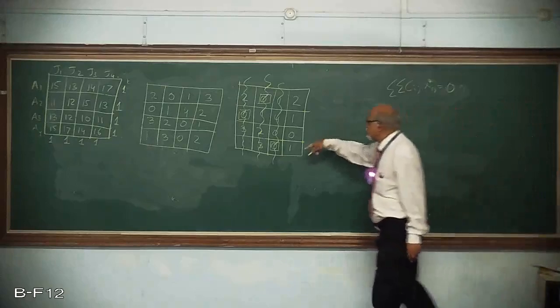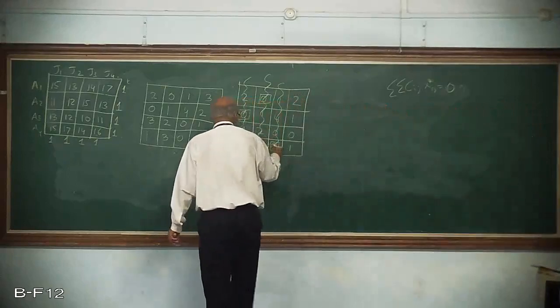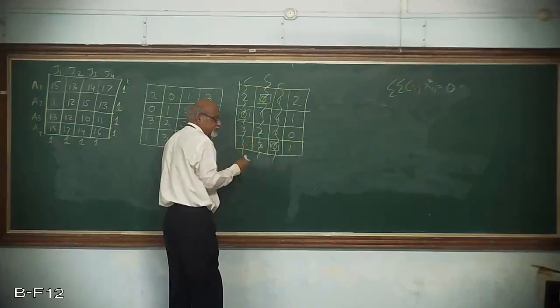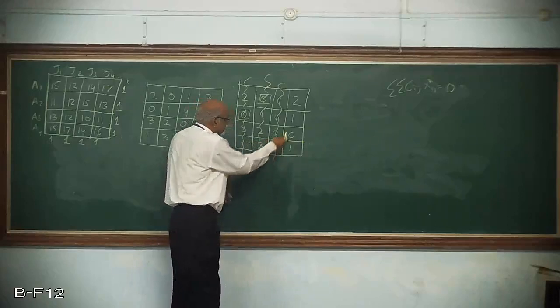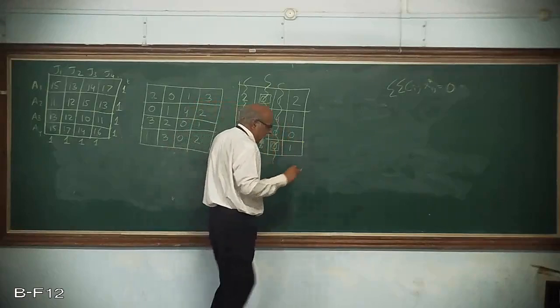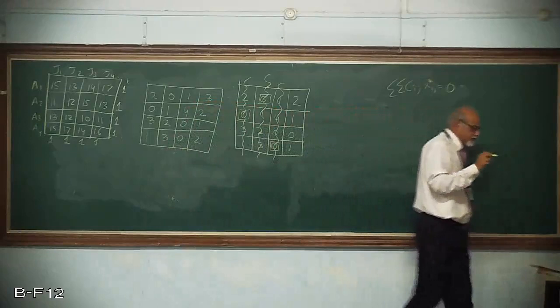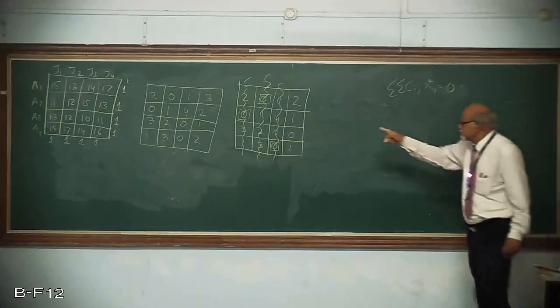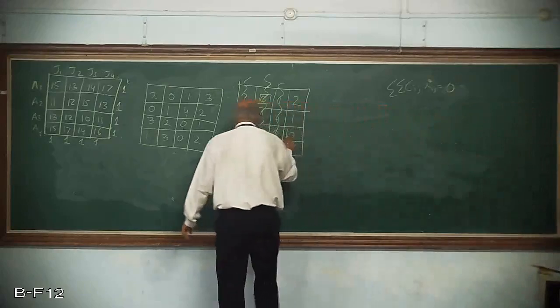Now, after this, the rows are exhausted, so I will change to columns. The columns which already have been covered by some line are left out. Here also I have to identify the column which has exactly one 0. So I identify this one.